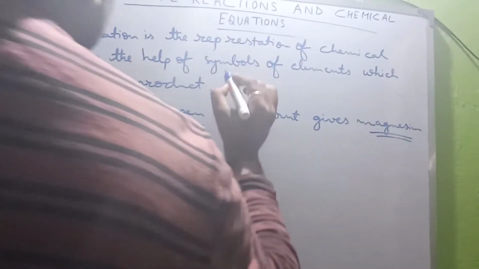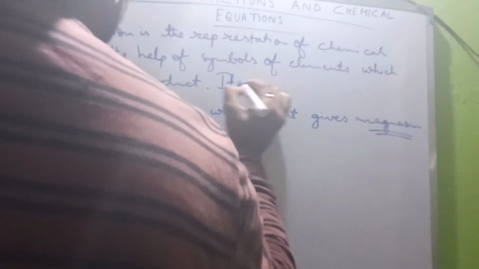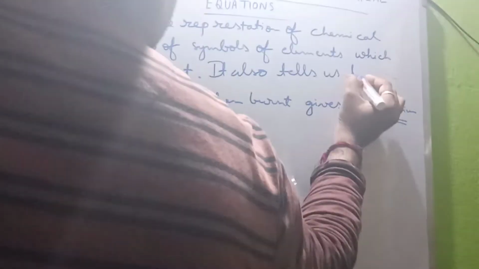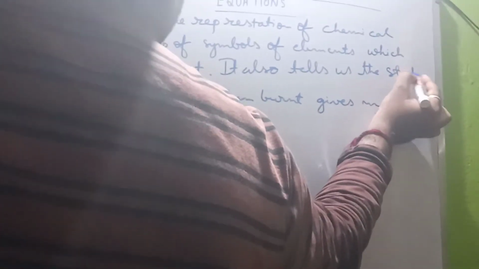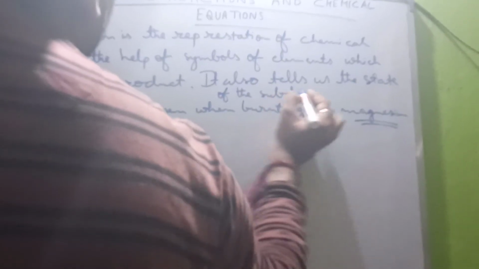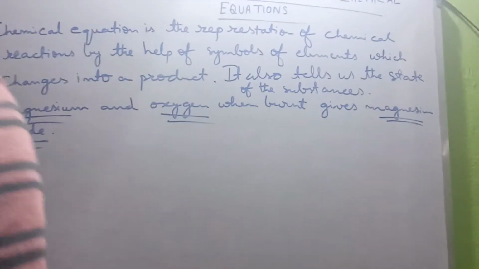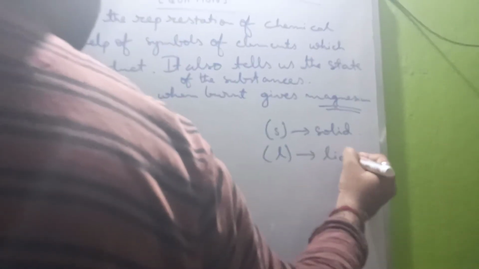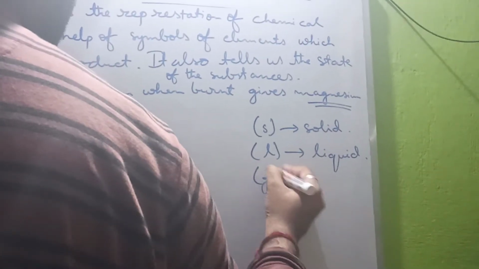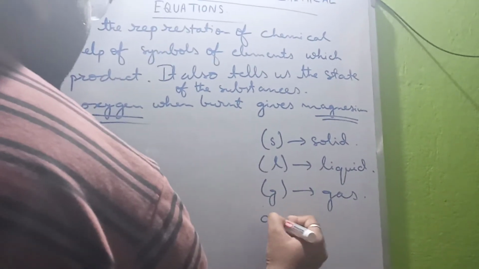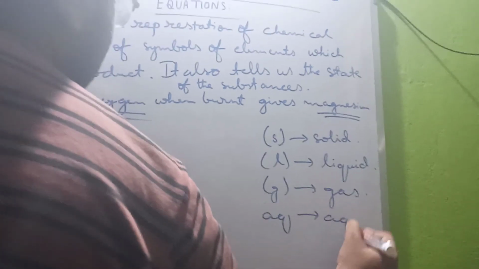Along with this, you should also keep in mind that it tells us the state of the substances. S represents solid, L represents liquid, G represents gas, and AQ represents aqueous.